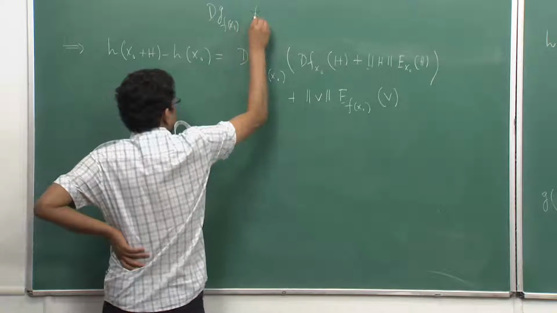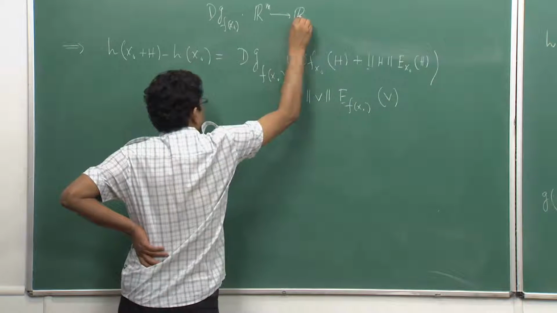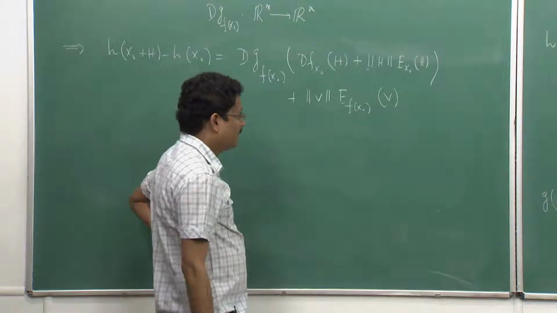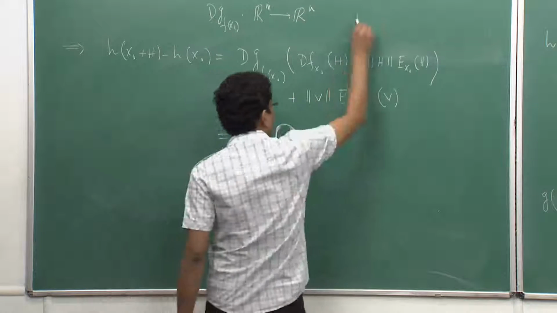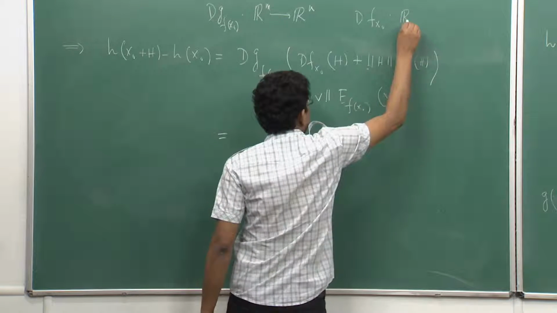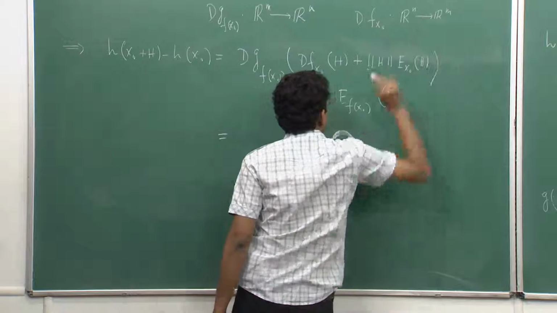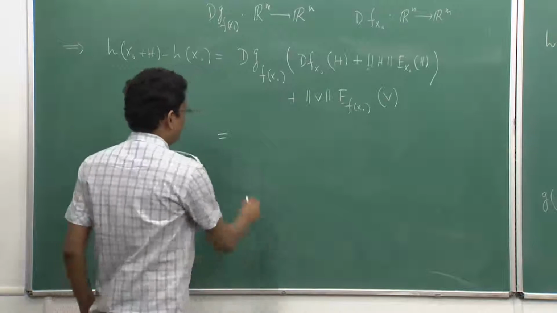this is a linear operator from R m to R k. Right? And d f at x naught is a linear operator from R n to R m. So, this is a composition of linear operators.